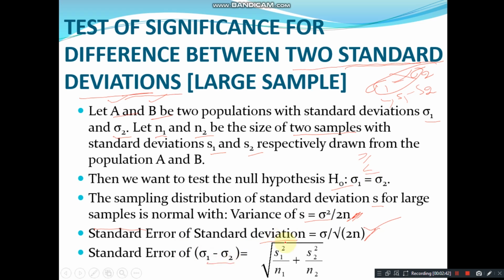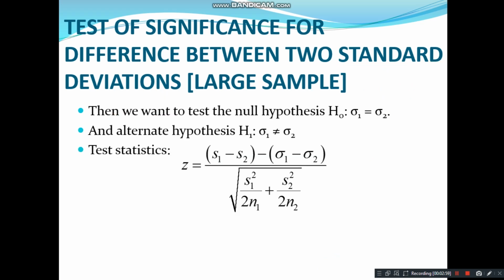What you get is the square root of S1 squared by N1 plus S2 squared by N2, where S1 and S2 are the standard deviations of samples 1 and 2, and N1 and N2 are the sizes of samples 1 and 2 respectively. Suppose there is a problem related to this, how do you test a hypothesis? We choose the null hypothesis and alternate hypothesis, whether it is greater than or equal to, less than, or less than or equal to, greater than.